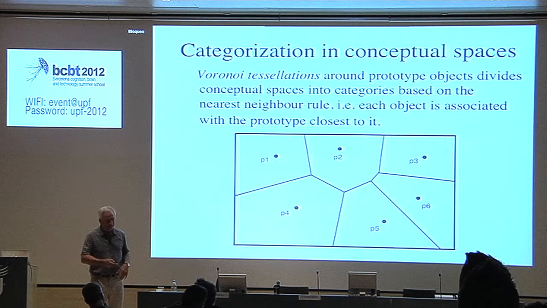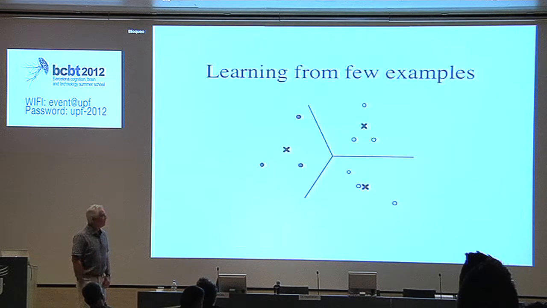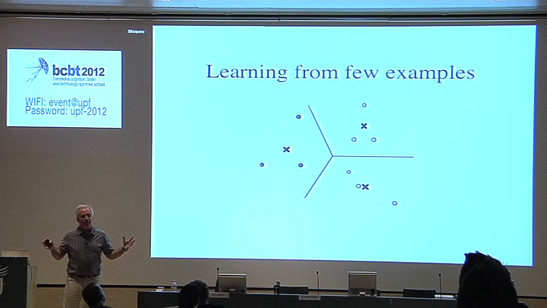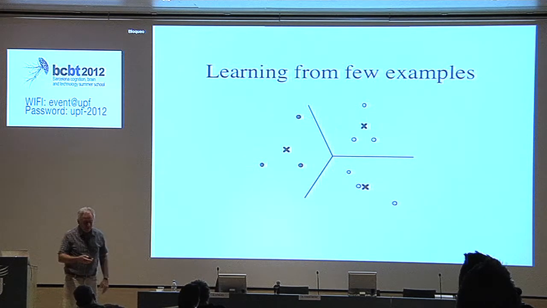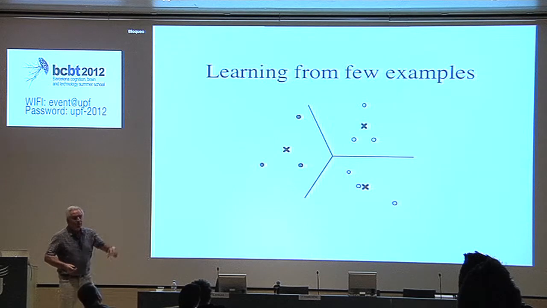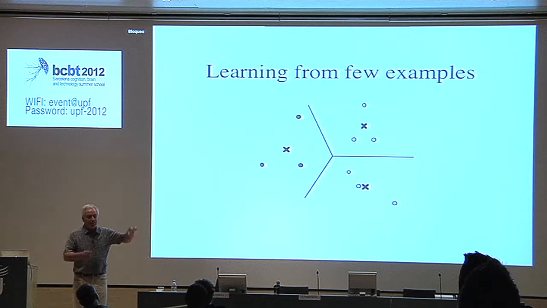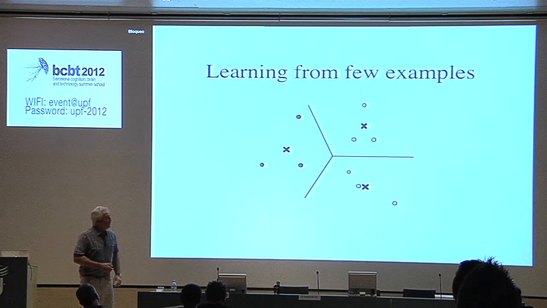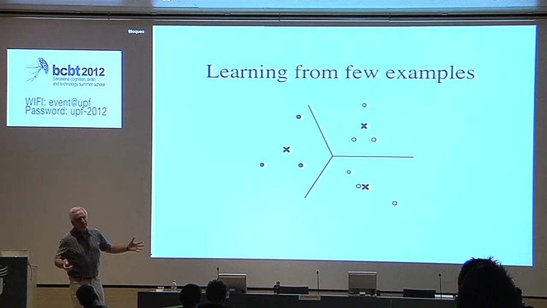Then you can teach. Let me give you my teaching example, because it comes here. So if you have, this is a space. I depict it as two-dimensional, but the mathematics generalizes to any number of dimensions. So if you observe a number of exemplars, birds or colors or shapes or whatever, they are located as points. The objects become points in a space. So let's say we talk about birds.